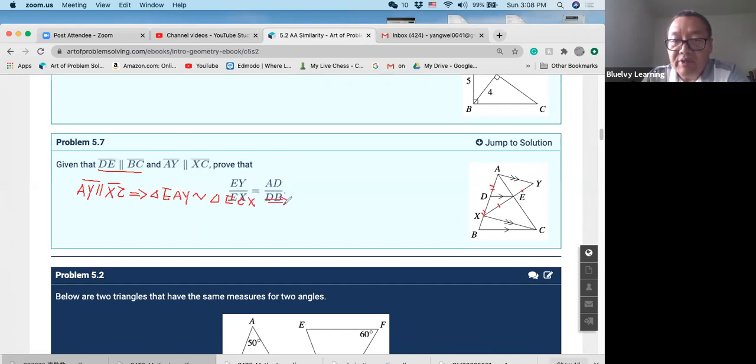From this, we can get EY over EX, this corresponding to this angle, then this angle equals this angle.